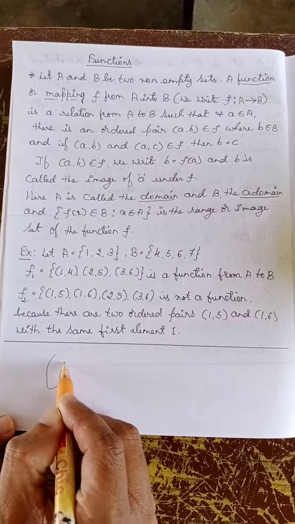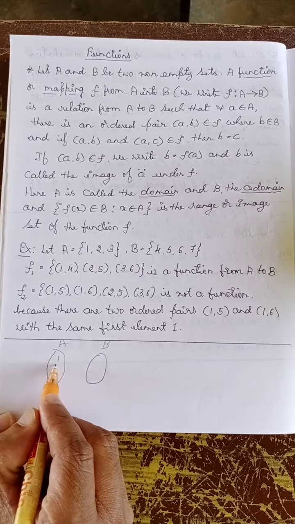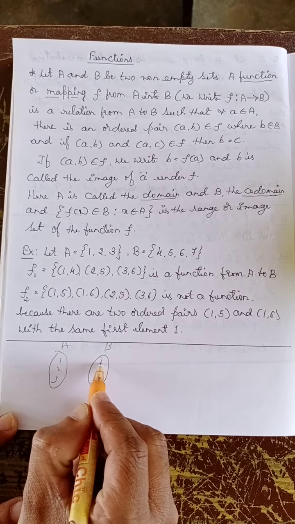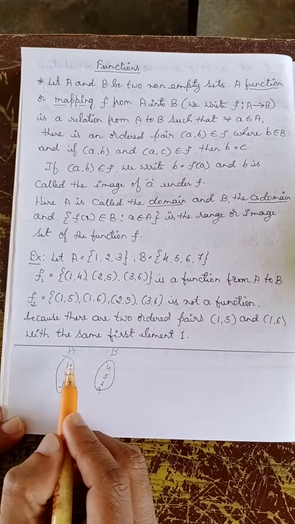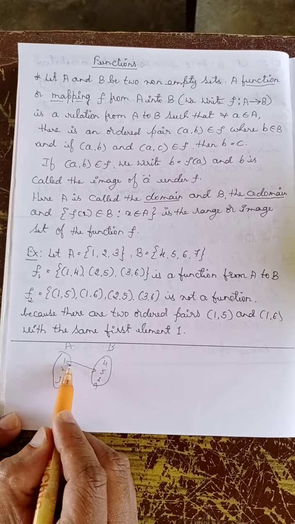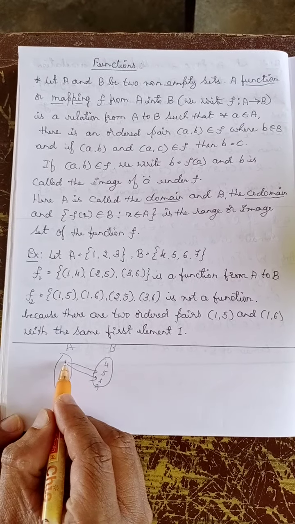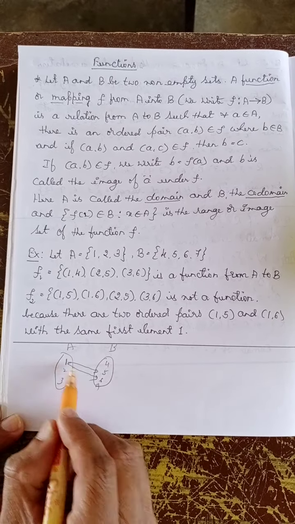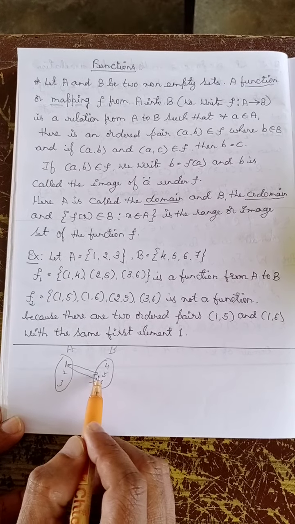Because we can see here this is the set A and this is the set B. Here the elements are 1, 2, 3 and this will be 4, 5, 6 and 7. Here element 1 is mapped onto 5 and similarly element 1 is mapped onto 6. In general we can say that a person can't attend a function in 2 places at a time. Therefore this will not become a function.